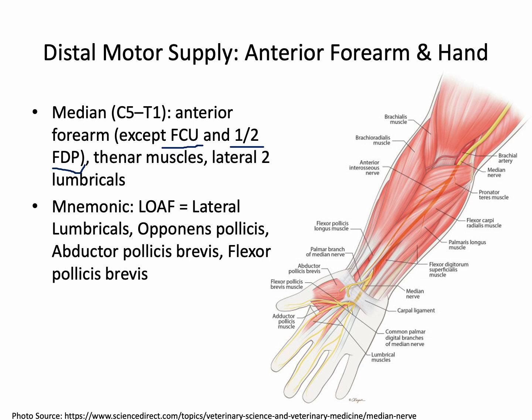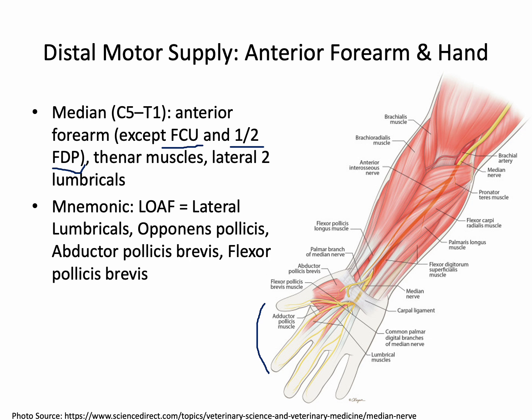Here, I have provided you the mnemonic for the thenar muscles innervated by the median nerve. So we have LOAF. L stands for lateral lumbricals, mostly just the lateral two lumbricals. O stands for opponens pollicis.